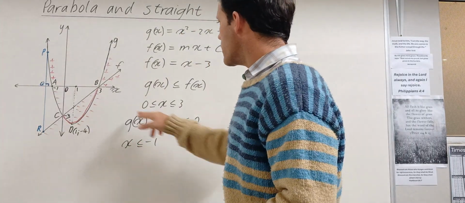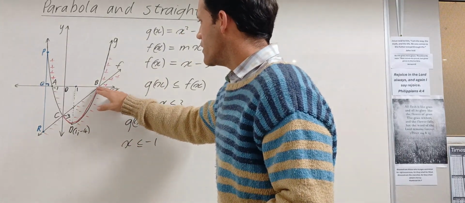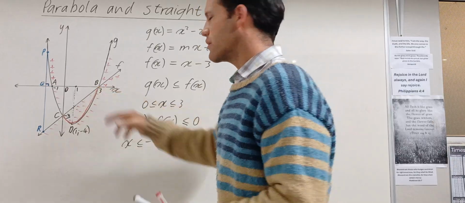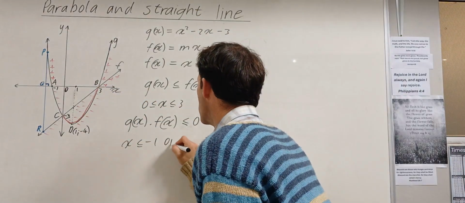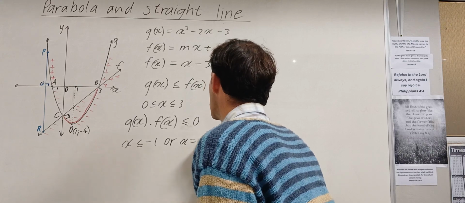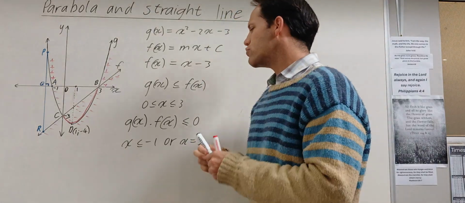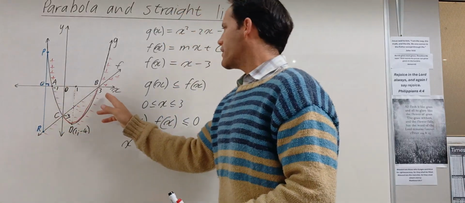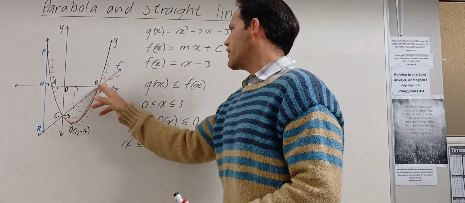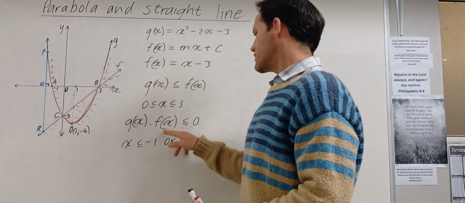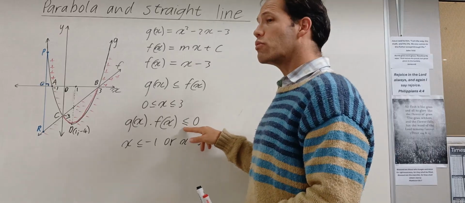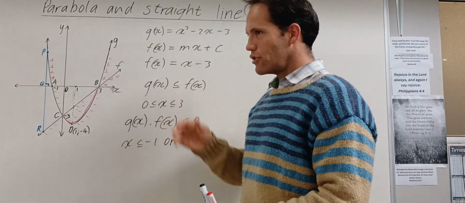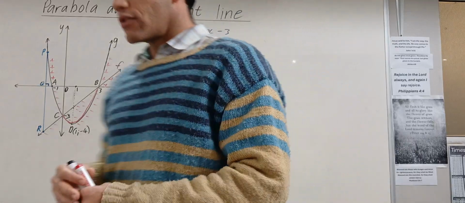But now here at 3, it's going to be 0 times 0, which is also 0. So you're going to say, or x equal to 3. So now there's two options: smaller or equal to negative 1, and then x equal to 3, because at 3 it's a 0 times a 0, which gives you 0. So if they put in the equal to 0 also, not just smaller than 0, you must look carefully to get the right answer.